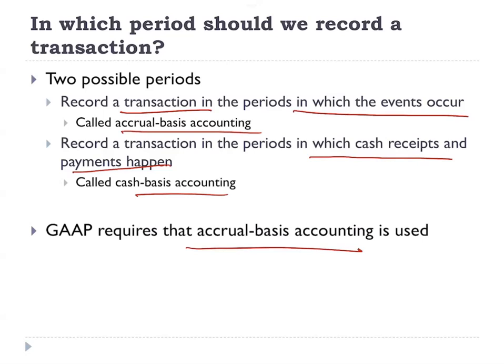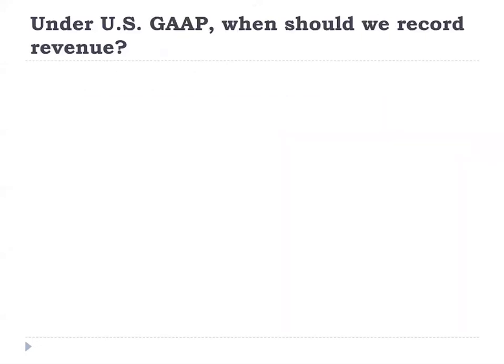Tax accounting is more cash-based, but financial accounting, which we're talking about in this course, is usually accrual-based, and US GAAP also requires the use of accrual-based accounting.